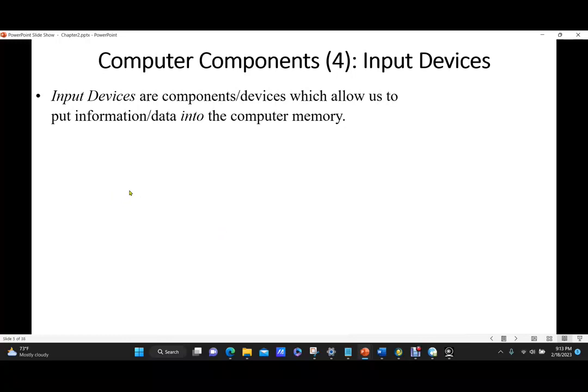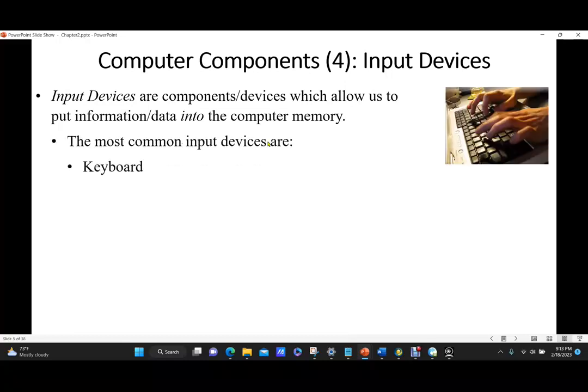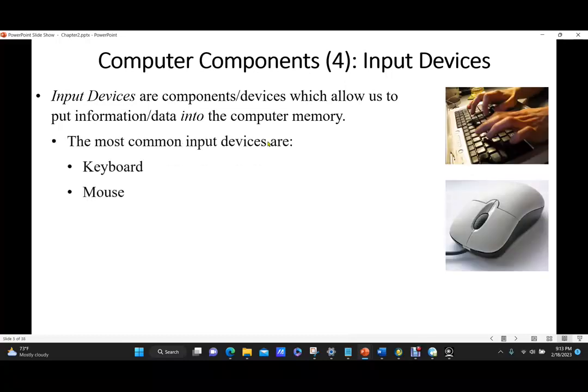Input devices are components that allow us to move information or data into computer memory. The most common input devices are keyboards and mouse.